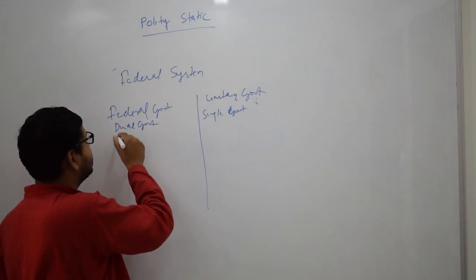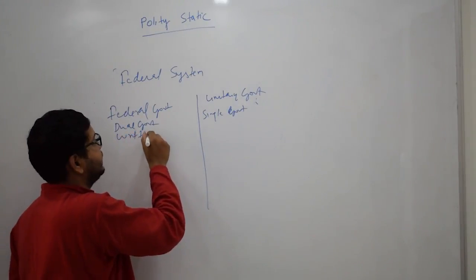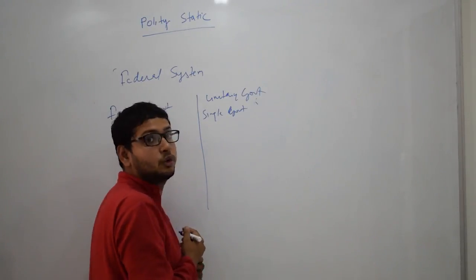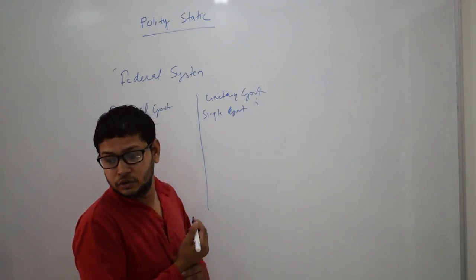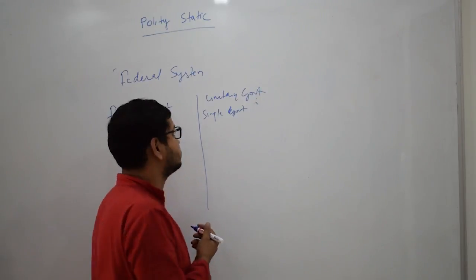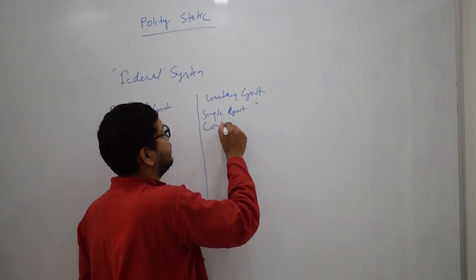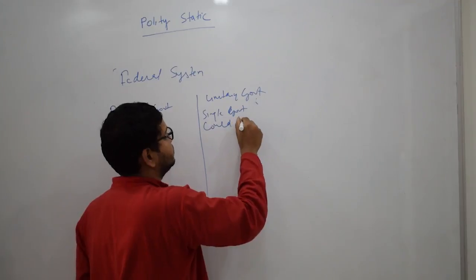They have written constitution, it is mandatory. In this case, there could be written, there could be unwritten. It's not guaranteed. So we have countries like France which have written constitution, and we have countries like Britain which have unwritten constitution.